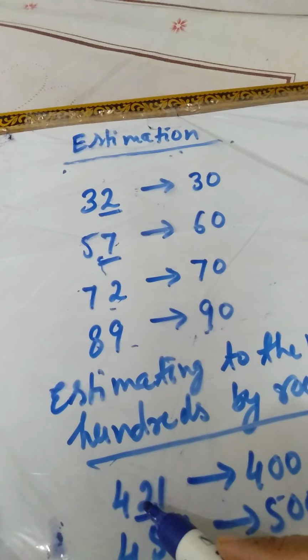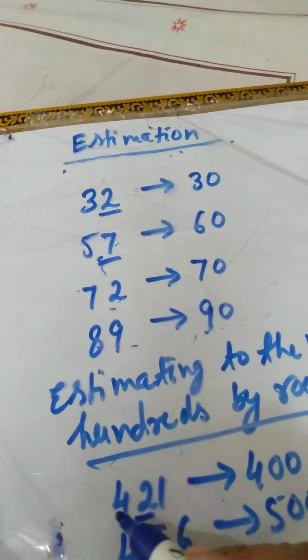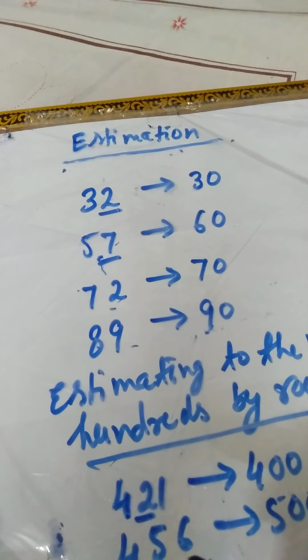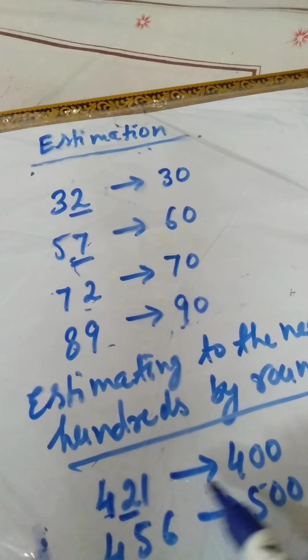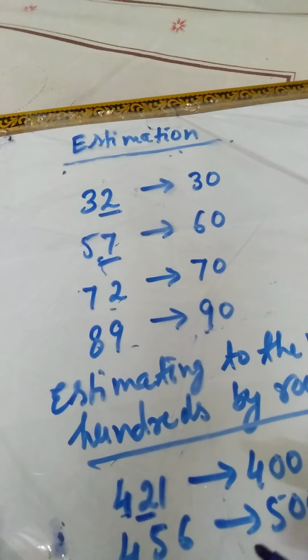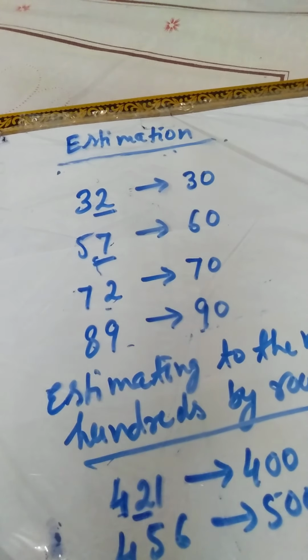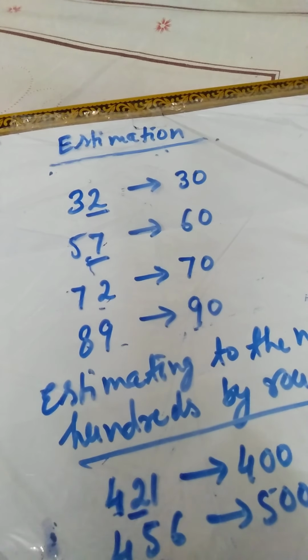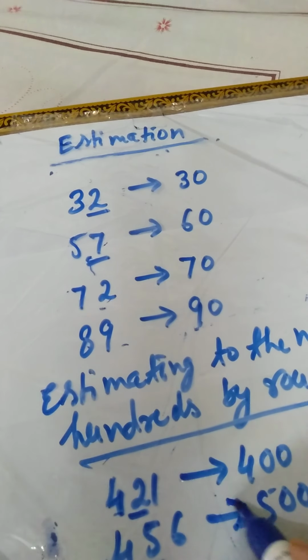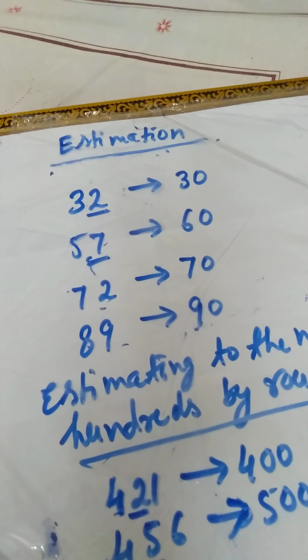If the tens place digit is less than 5, then we round off to the same 100 place. Okay, that means 400. If the tens place digit is 5 or more than 5, we add 1 at the 100 place. So 456 will round off into 500.